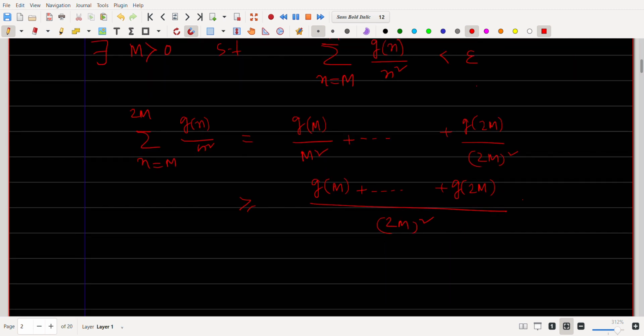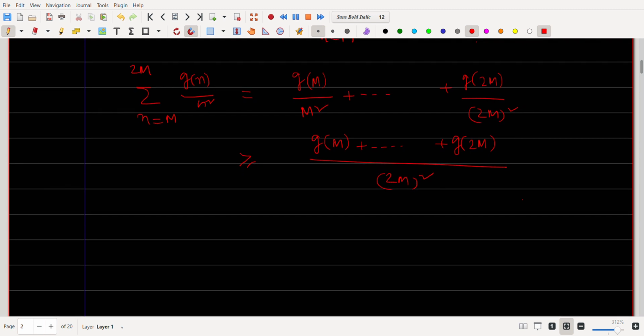Okay, so now since G is bijective, I can assign, so G of capital M is a natural number, so that means G of capital M is greater or equal to 1. Now G of capital M plus 1 must be greater or equal to 2. Why?